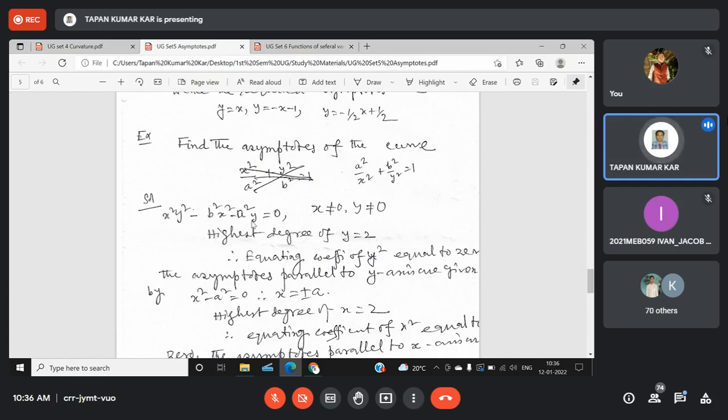Similarly, x to the power 4 is also absent here. So there are asymptotes parallel to the x-axis. The highest available power of x is x square, and the coefficient of x square is y square minus b square.